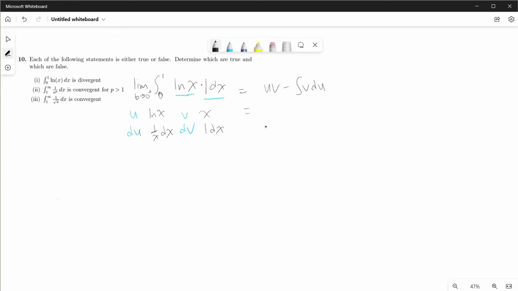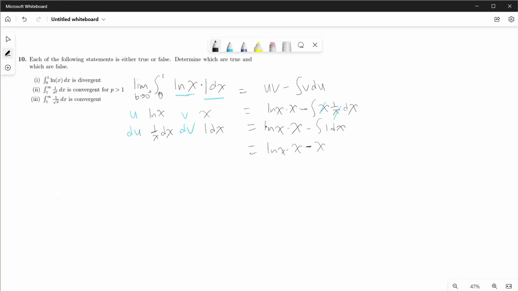So we have ln x times x, and then minus x times 1 over x dx. So here the x's cancel out, right? And then it would just be integrating 1 dx, which is just x.